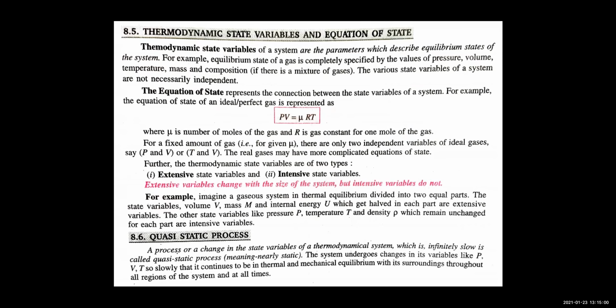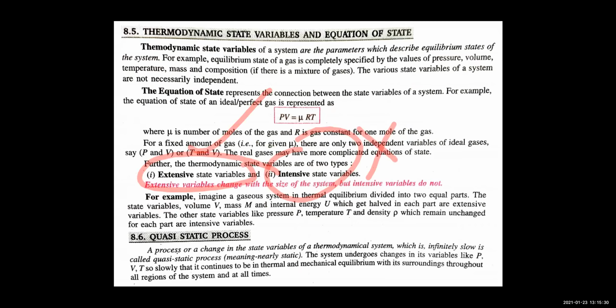So extensive state variables are those which depend upon the size, and intensive variables are those which do not depend upon the size. They are the intrinsic, inbuilt property, right? So they will not depend upon the size, and extrinsic properties will depend upon the size.